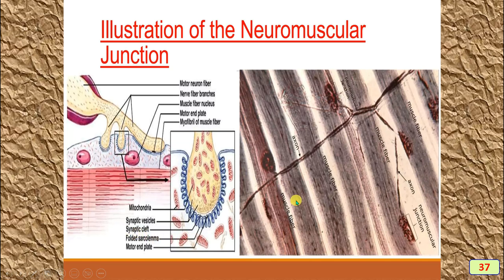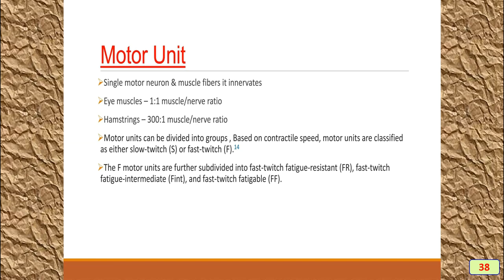This is responsible for the secretion of acetylcholine, acting on the N type of muscular receptors, which are very specific to the skeletal muscle, and the skeletal muscle contracts. A motor unit is a single motor neuron and its muscle fibers. It innervates eye muscles 1 to 1, hamstrings 3 to 1, and many more.